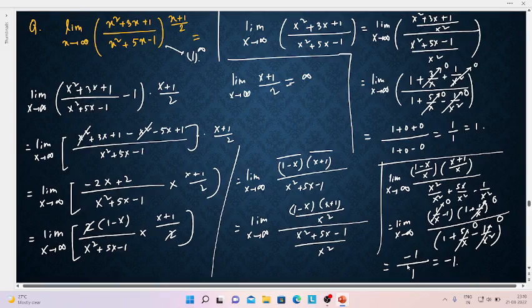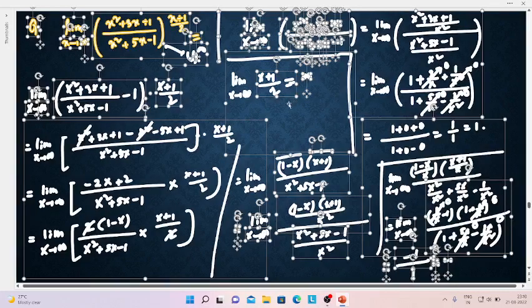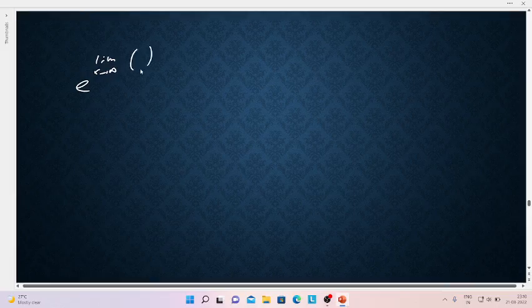Most people will say that the value of that particular limit is negative 1, but that's not true. Basically what we messed up is the e to the power function: e to the power limit x tends to infinity of that particular function times (x + 1/2).